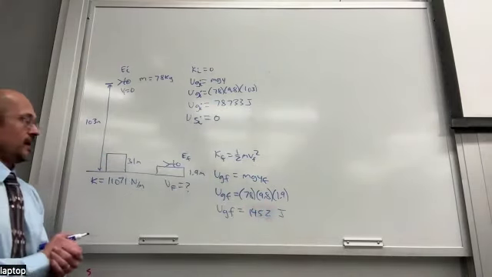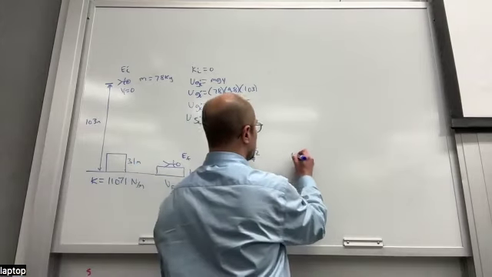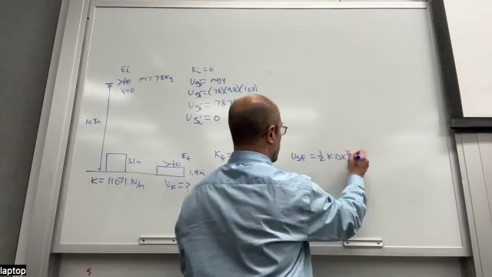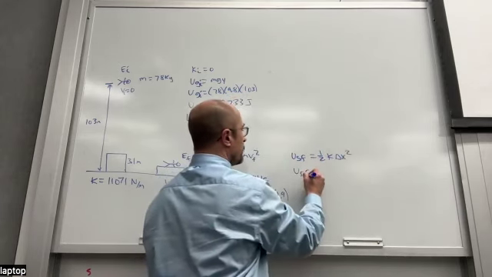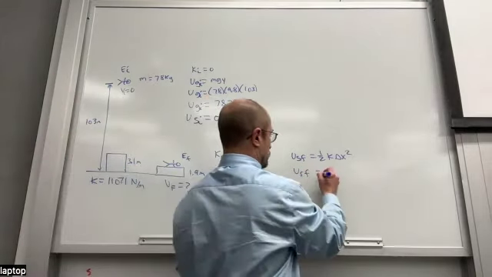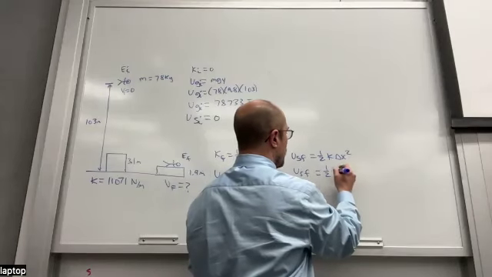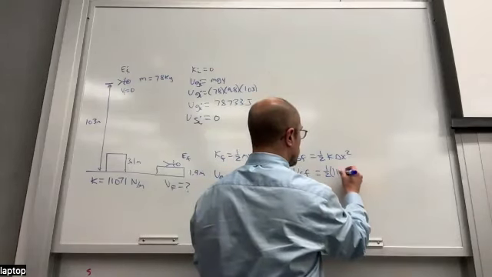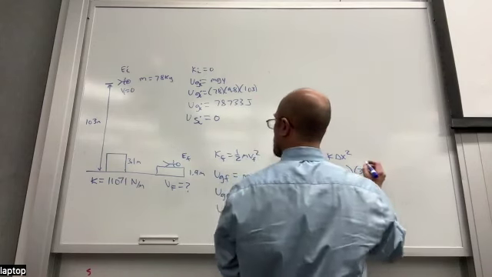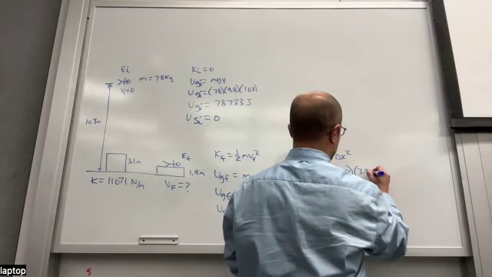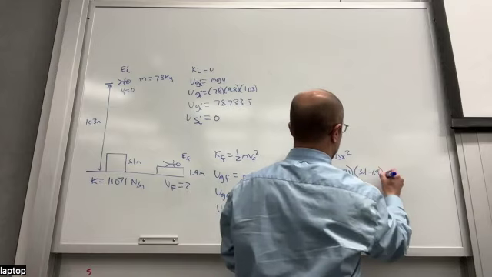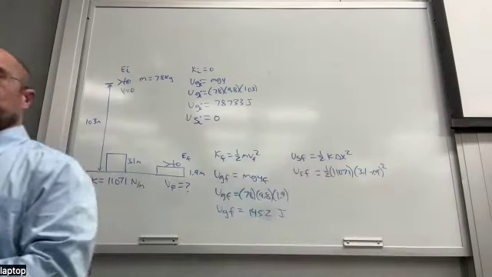Now, the spring is there, so the spring is U_S final, which is 1/2 K delta x squared. We remember that's the difference squared between these two numbers. So it's 1/2 of 11,071 times 3.1 minus 1.9, squared.